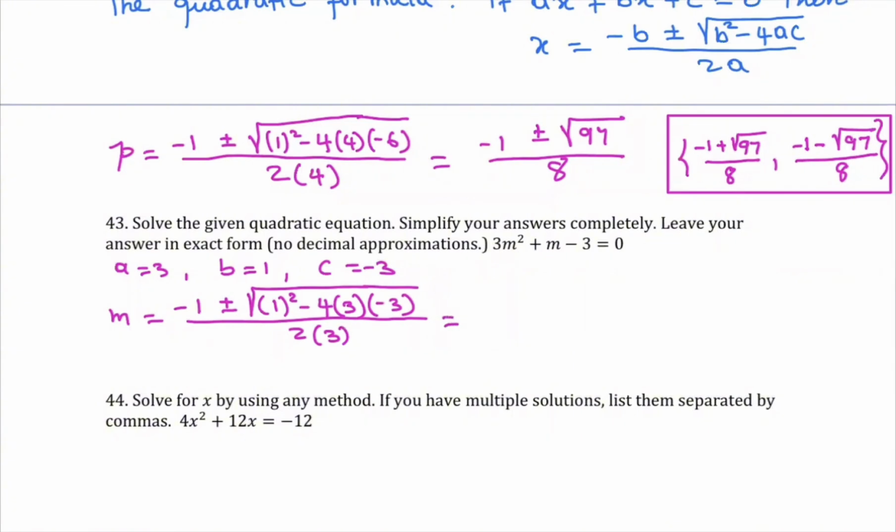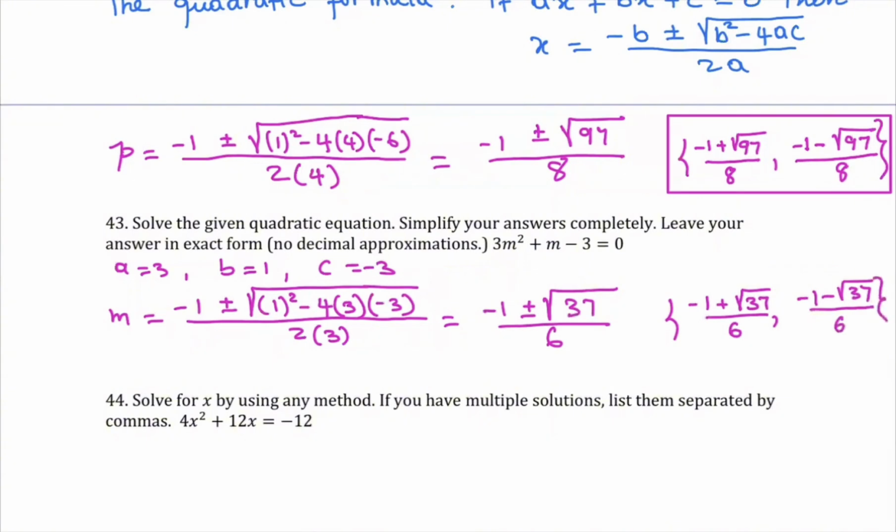So that is -1 plus minus the square root of, perform the entire operation inside of the radical carefully, to get 37 over 6. So the solution set, -1 plus square root of 37 over 6, and -1 minus square root of 37 over 6. That is the solution set.